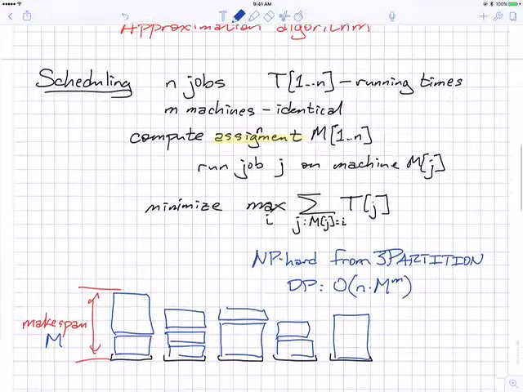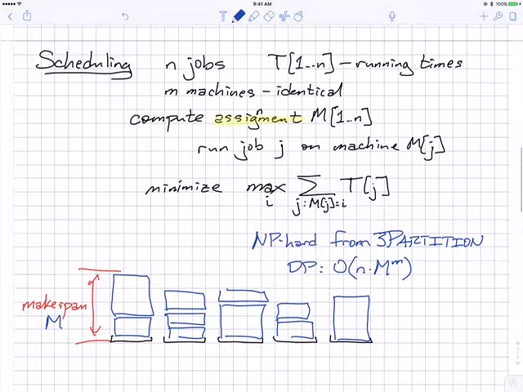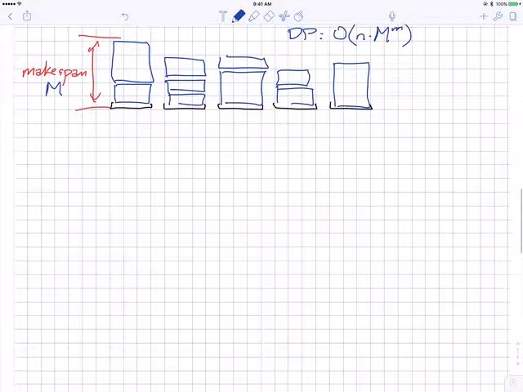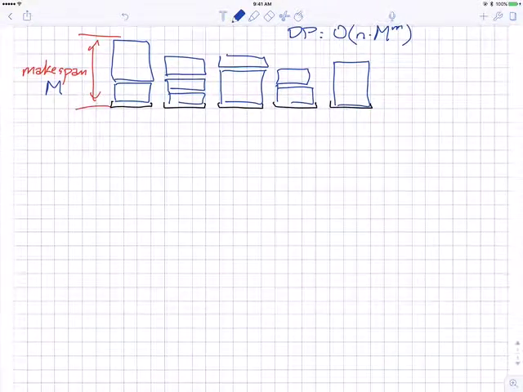Okay. All right, so forget the NP-hardness. Forget the dynamic programming algorithm. You really don't want to be running that dynamic programming algorithm. How would you solve this problem? If you just saw this before you took 473, what would you do?